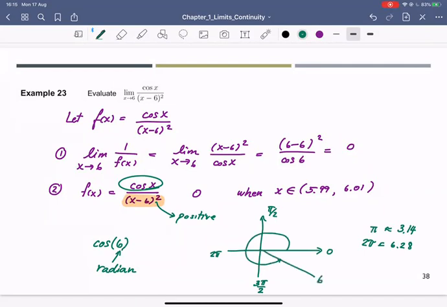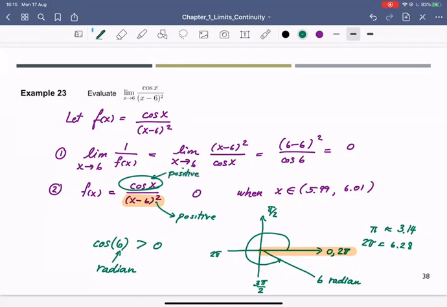This is 6 radians, because 2 pi is the x-axis here, which is 6.28, and you just have 6 radians, which belongs in the fourth quadrant. So when you have something in the fourth quadrant, cosine 6 is going to be positive, right? Because in the fourth quadrant cosine is positive.